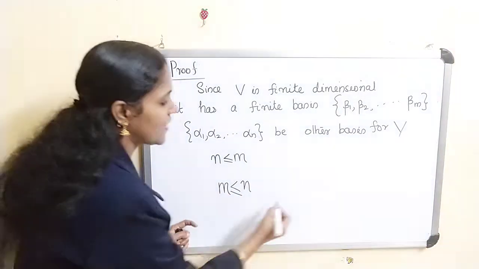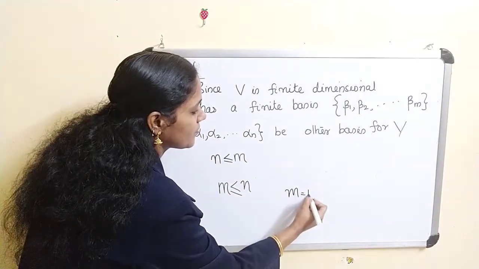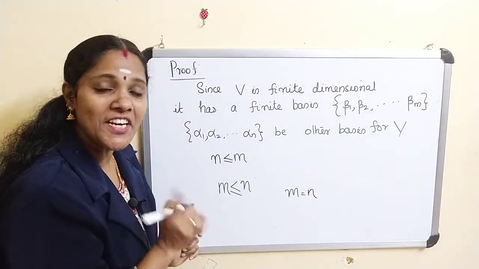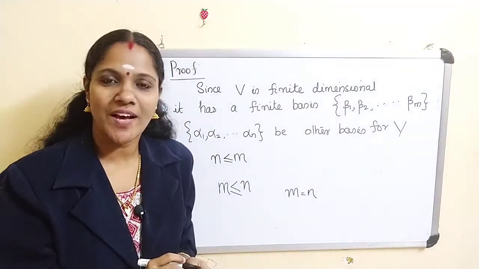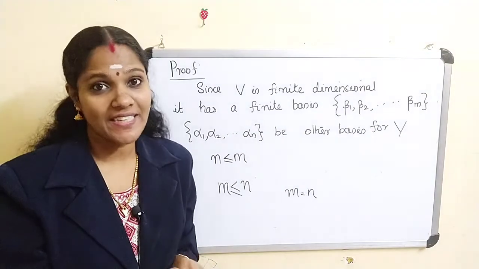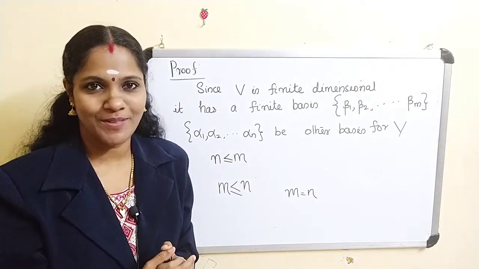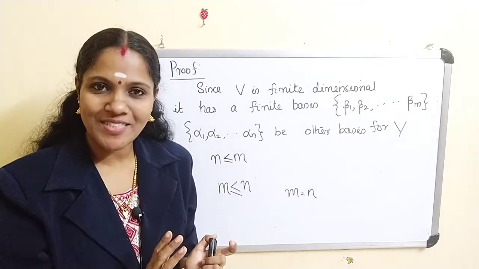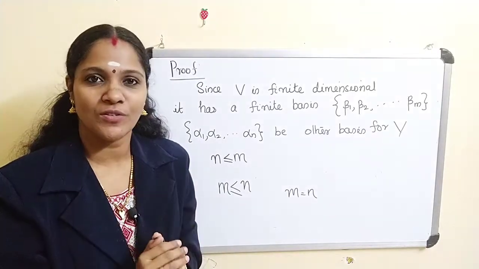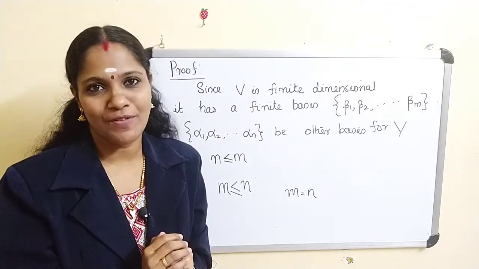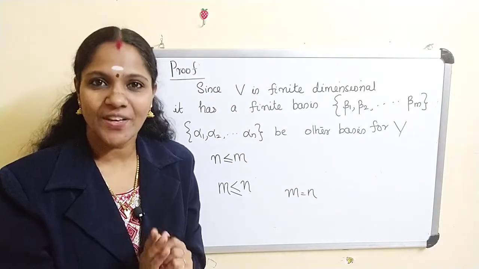From 1 and 2 we get m equals n. That means any two bases of a finite dimensional vector space have the same number of elements. If it is infinite, we cannot count the number of elements. So if V is a finite dimensional vector space, then any two bases of V have a finite number of elements, and the numbers of elements are equal.